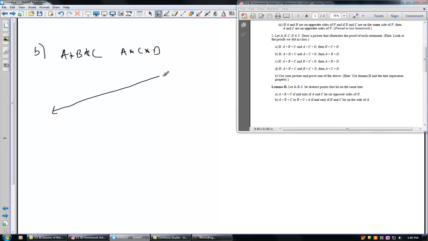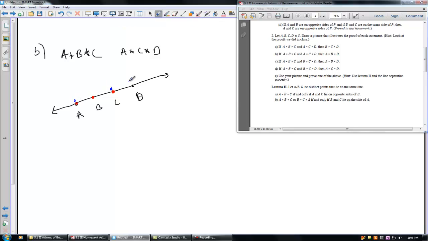And so our picture looks like this. We have our A, we have our B, we have our C, and we have our D. And what do we know? We have these 3 points here that lie between each other, and we have these 3 points here that lie between each other.